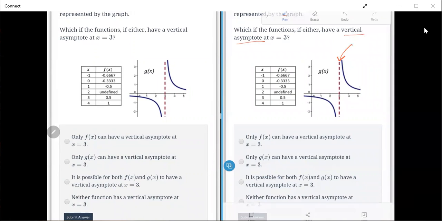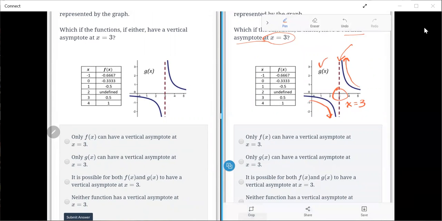Notice that the graph cannot touch the vertical asymptote. And also notice that this vertical asymptote goes through x equals 3. So we were looking for x equals 3. Well, definitely G goes through x equals 3.